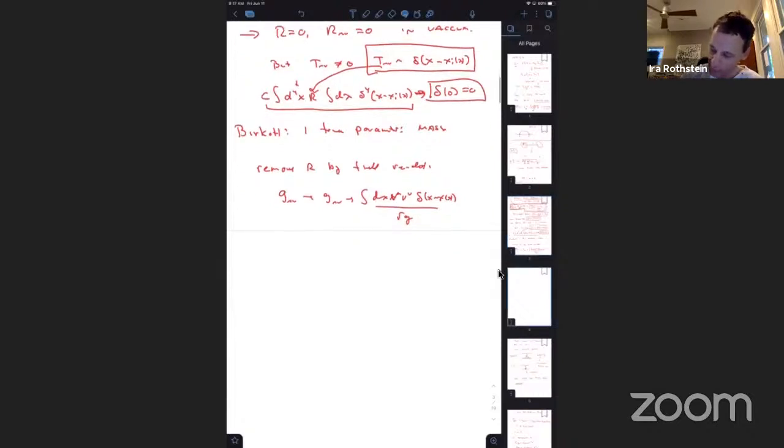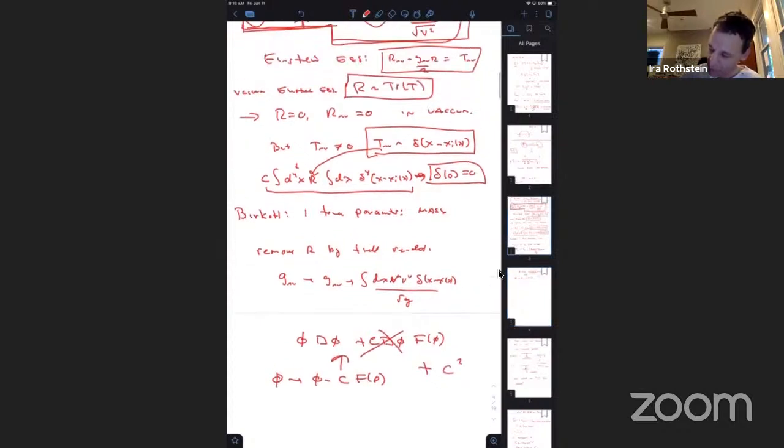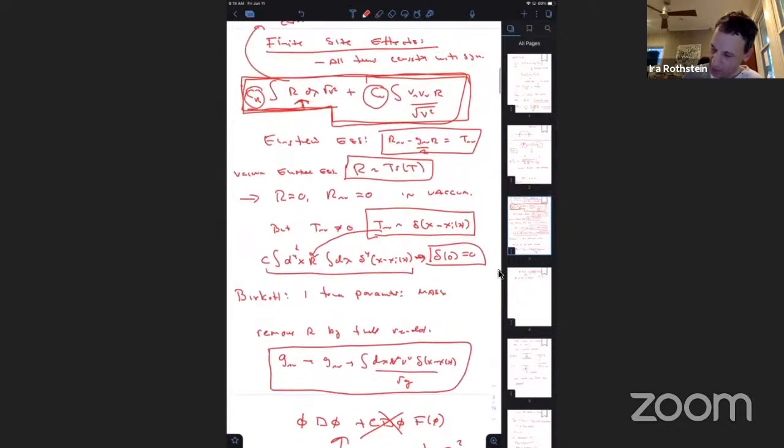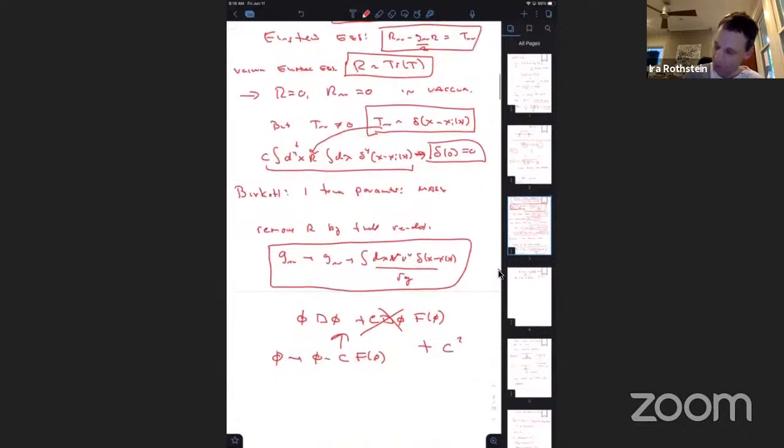So if you remember last time, we gave the example: if we have an action for a scalar field, and then we had some term that vanished by the equation of motion, then I could redefine the field, and plugging this back in cancels this term, but adds an order c squared term. So as an interesting exercise, you can check that the field redefinition of the metric you need in order to get rid of this R term looks something like this.